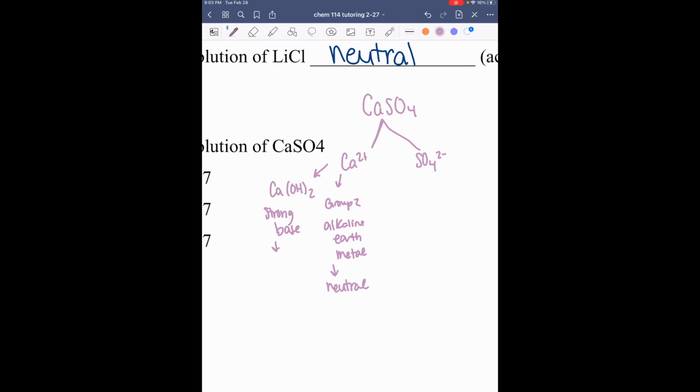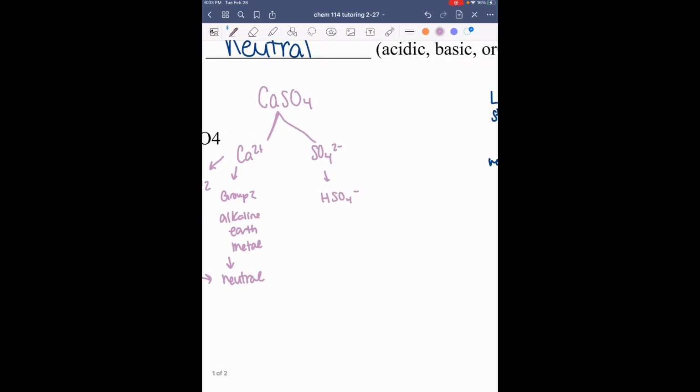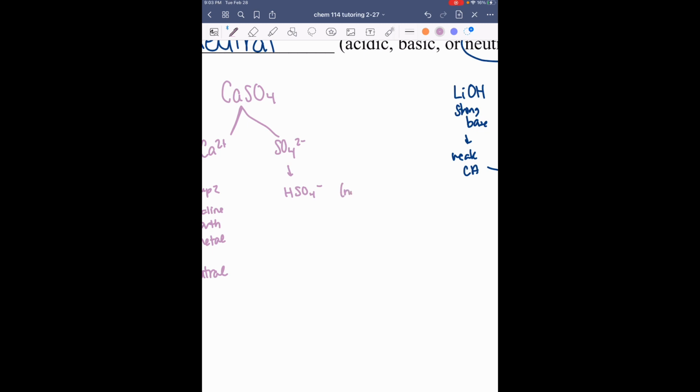So, strong base leads to weak conjugate acid, so that's neutral. Then we have SO4 2-. A lot of times people want to go to H2SO4, but that's not right. That's not the next acid. We will only want to add 1 hydrogen, so HSO4-. I'll put it outside, not H2SO4, because we're only going to add 1.